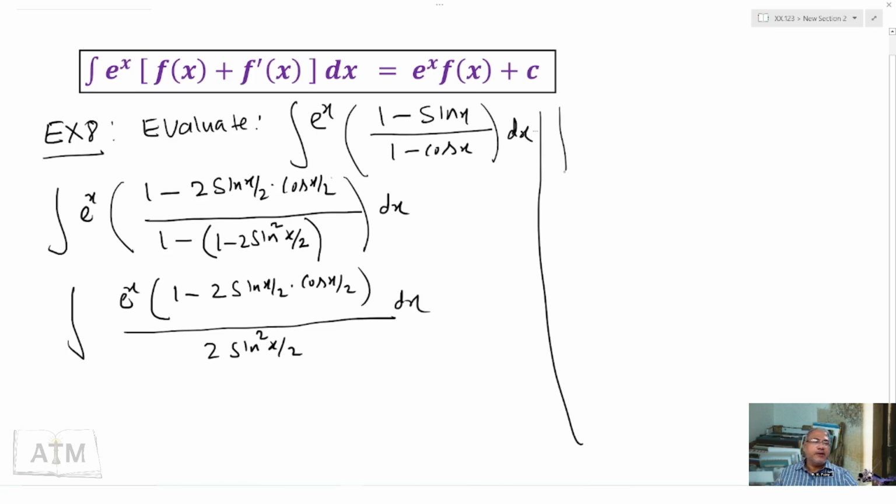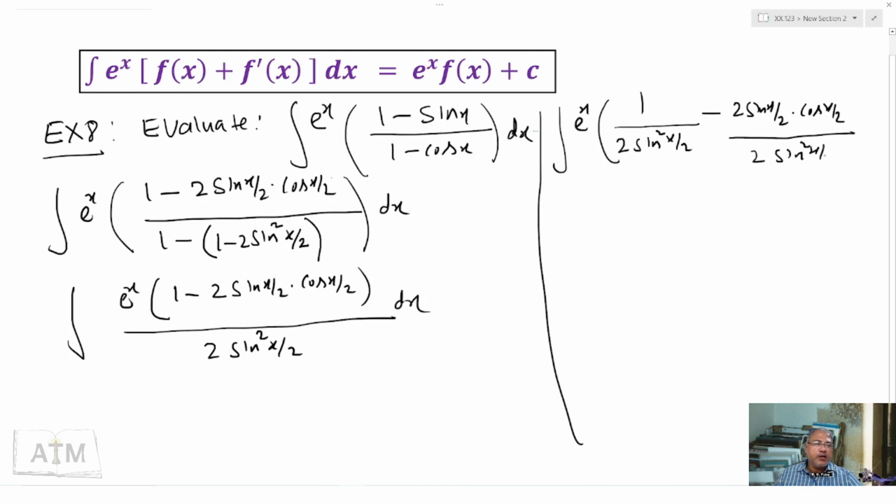Now splitting, 1 upon 2 sin square x by 2 minus 2 sin x by 2 dot cos x by 2 upon 2 sin square x by 2, bracket close with respect to x.